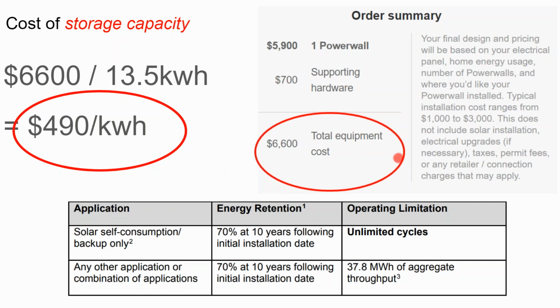So you look at the price of a Tesla Powerwall and you say, okay, $6,600 in hardware. It's probably going to be more than this when you get into the installed cost. You divide it by its rated output capacity, and it's costing about twice as much as high-end lead acid.